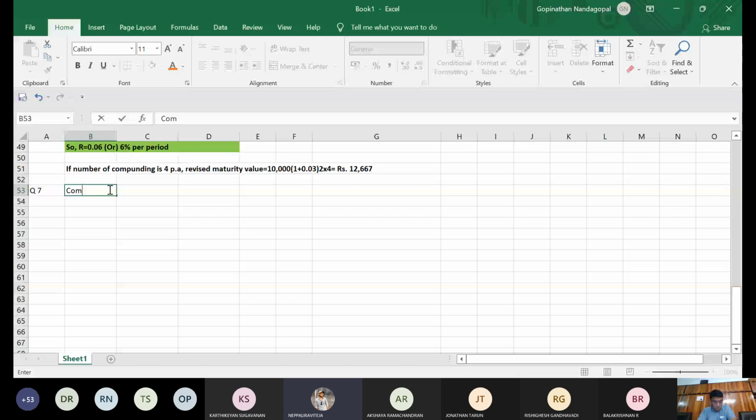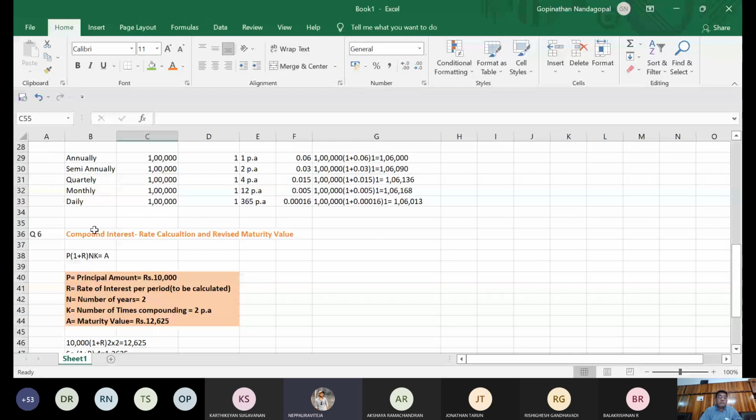On October 1, 2020, he closed the account and added enough additional money to invest in a 6 months time deposit for rupees 1 lakh, earning 6% compounded monthly. First question, how much additional amount did the person invest on October 1? What was the maturity value of his deposit on April 1, 2021?